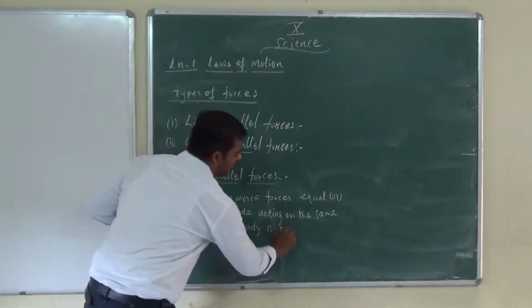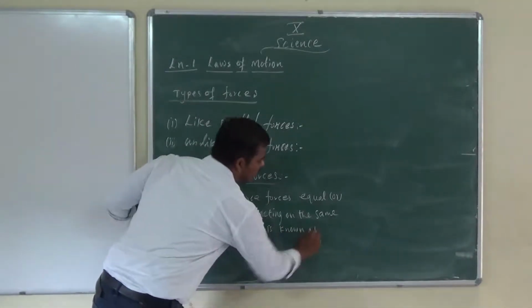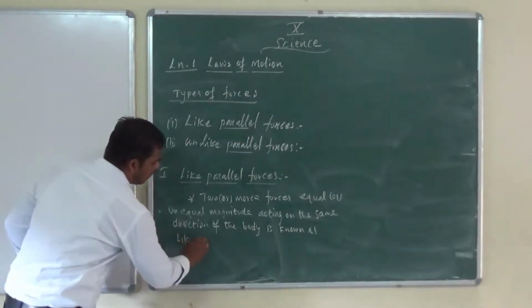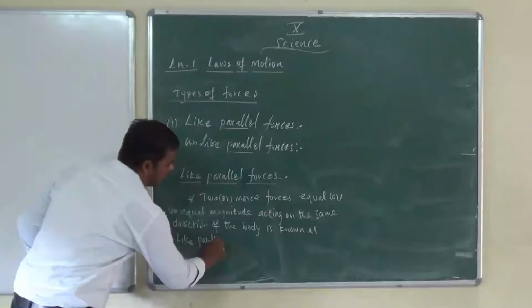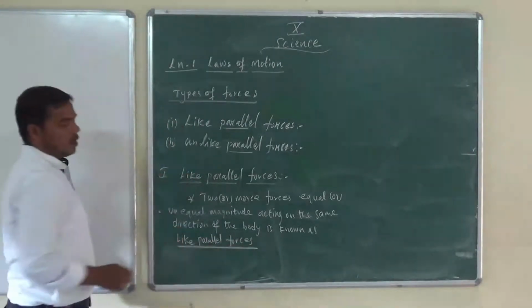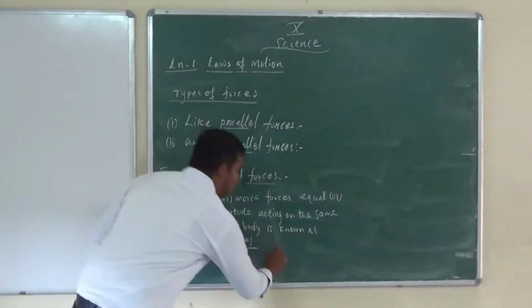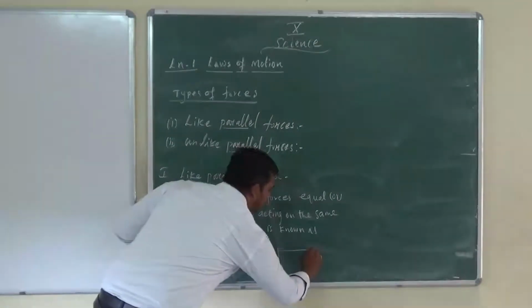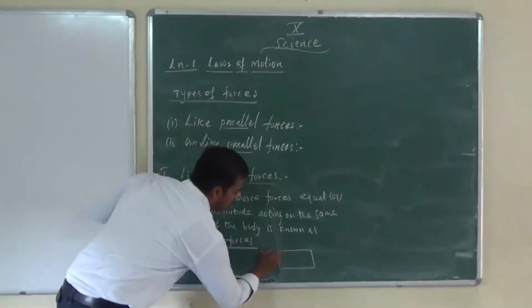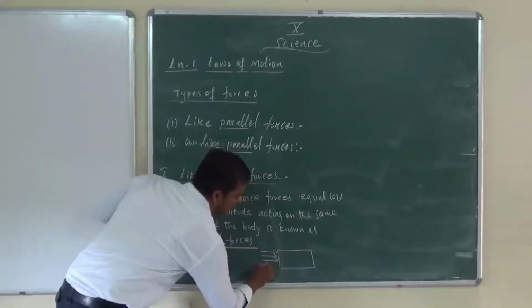is known as like parallel forces. For example, I will take a rectangular object. So two or more forces, see, this is 1, 2, 3, 4.